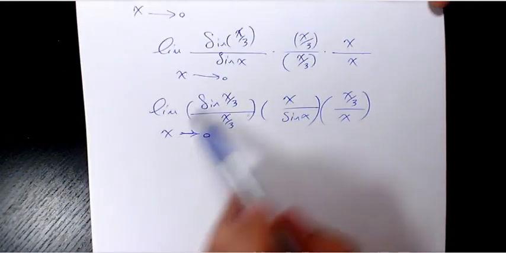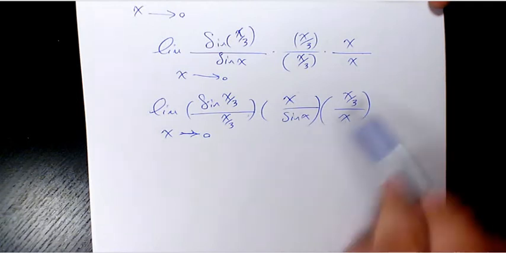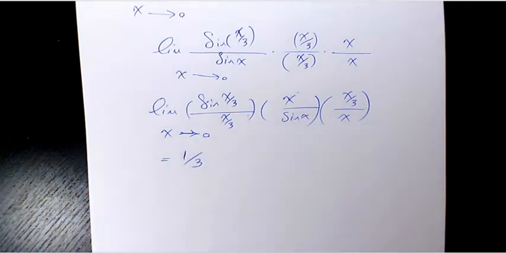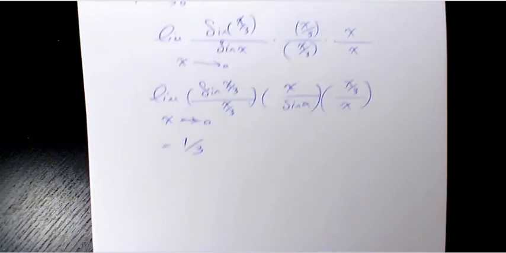That's going to make it 1, 1, and here the x's cancel out. It's going to be equal to 1 over 3.